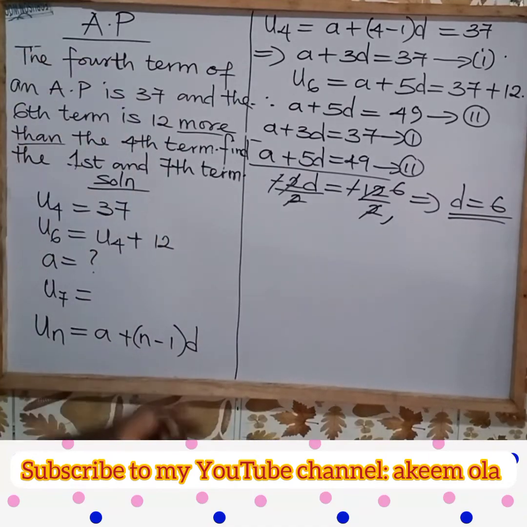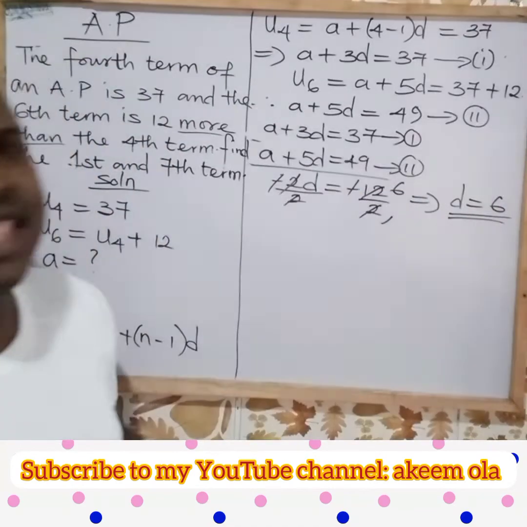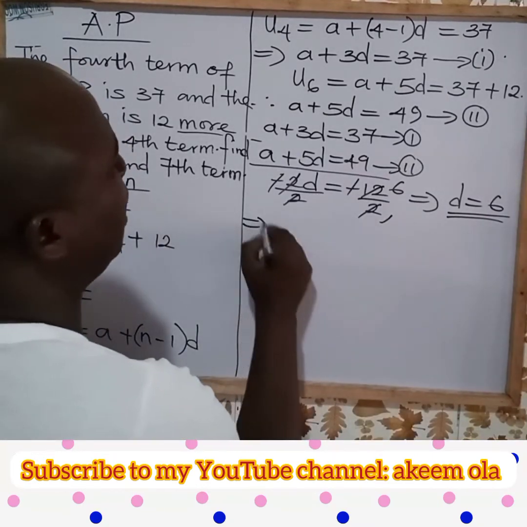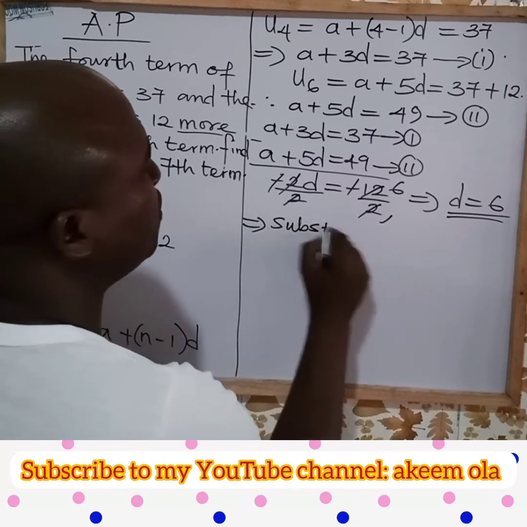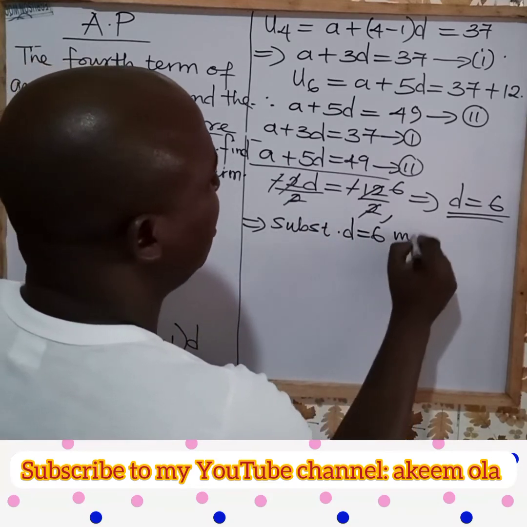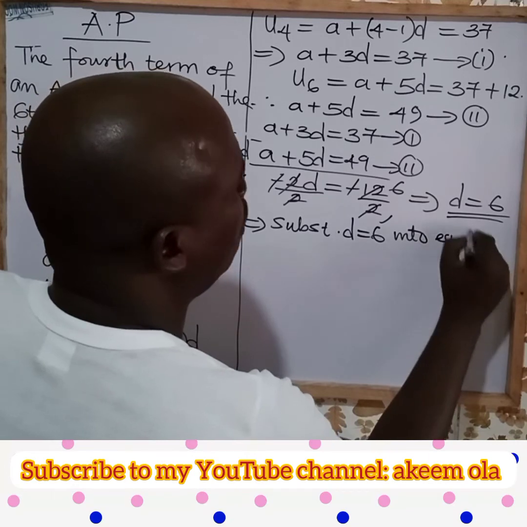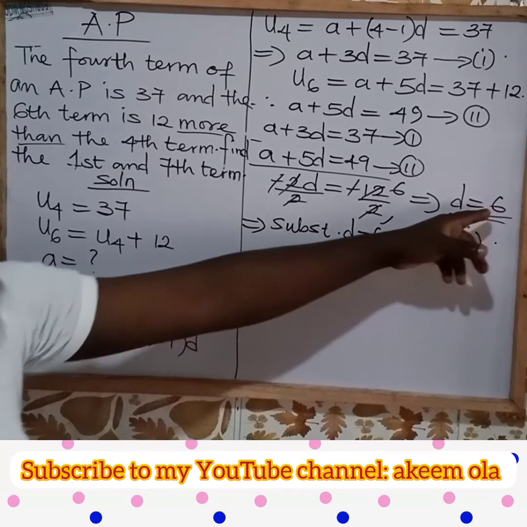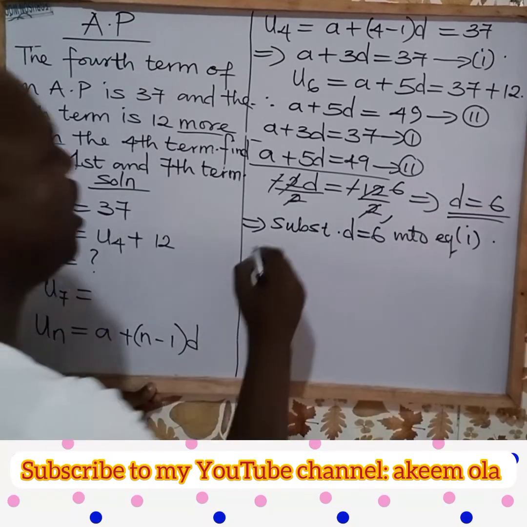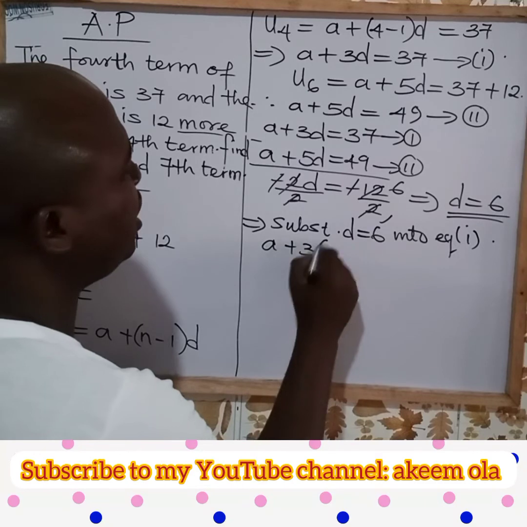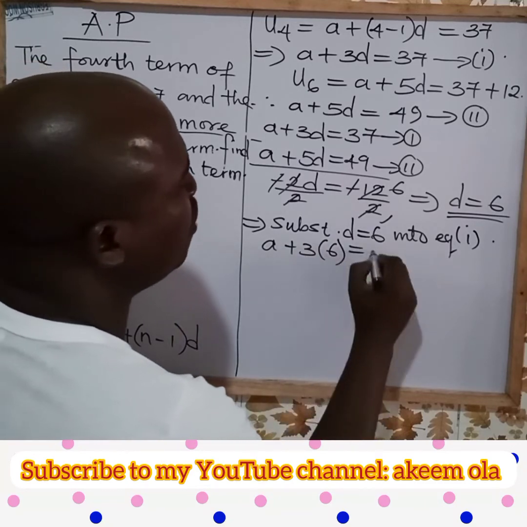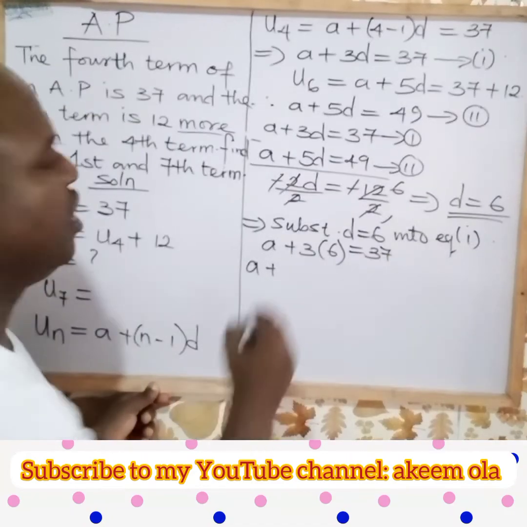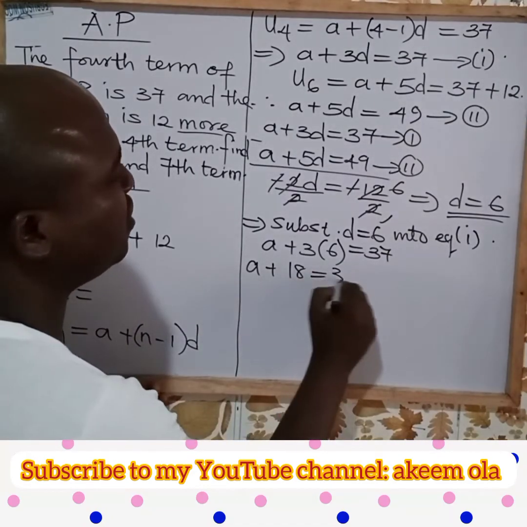We can now substitute the value of D into either equation 1 or 2. Let's use equation 1. Anywhere we come across D, we represent it with 6. So we have A plus 3 times 6 is equal to 37. 3 times 6 is 18, so A plus 18 is equal to 37.